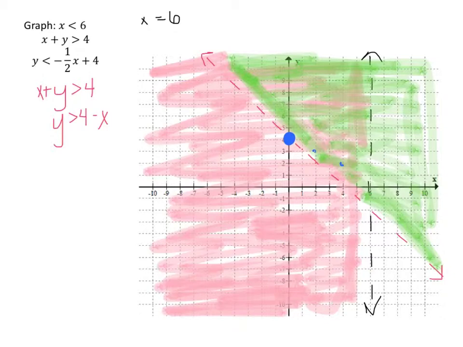And because, again, this is less than, but not less than or equal to, it's a dashed line. And here, we're shading below y. So that means that we shade below this blue line.